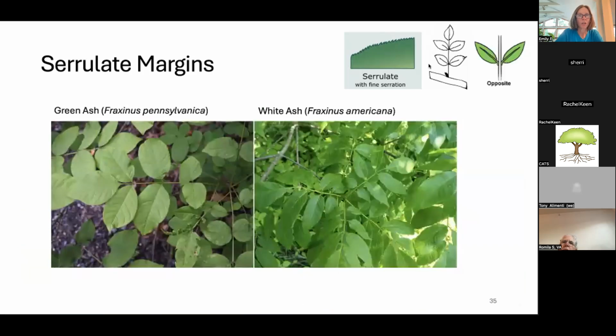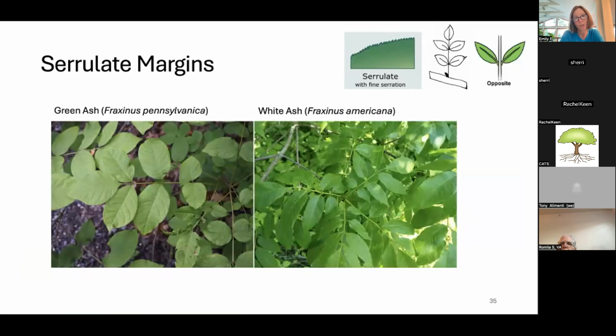And then cerulate, that's compound but opposite branching, we're going to find the ash. So this is green ash on one side and we have white ash on the other. These are pretty hard to tell apart unless you have seed. And as I said, I had to start reading more about leaves to do this presentation.